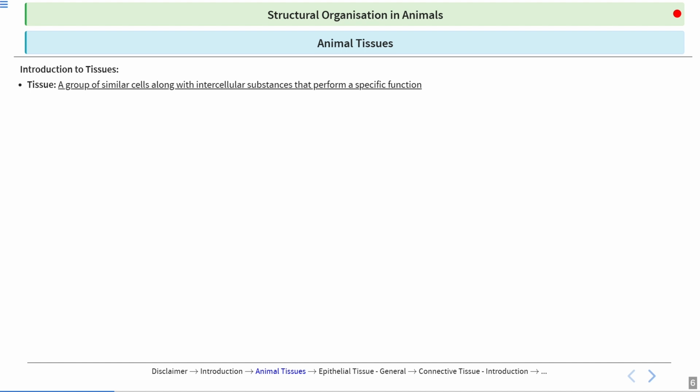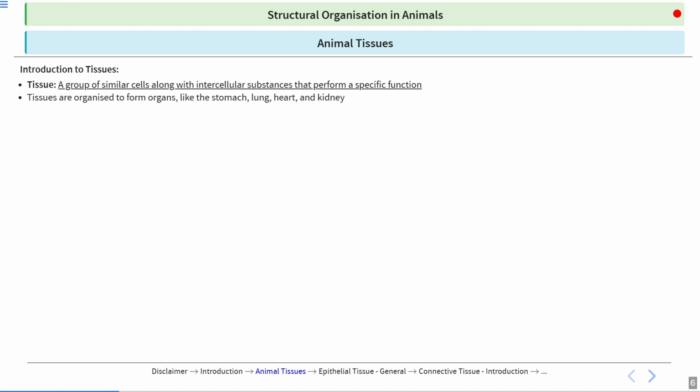And different organelles. So, a group of similar cells, very important, similar cells, all the cells are of similar type, they form a group, and these similar cells have originated from the same origin. Their origin is also the same, right? And they unite together to perform one particular function, and that is called a tissue.